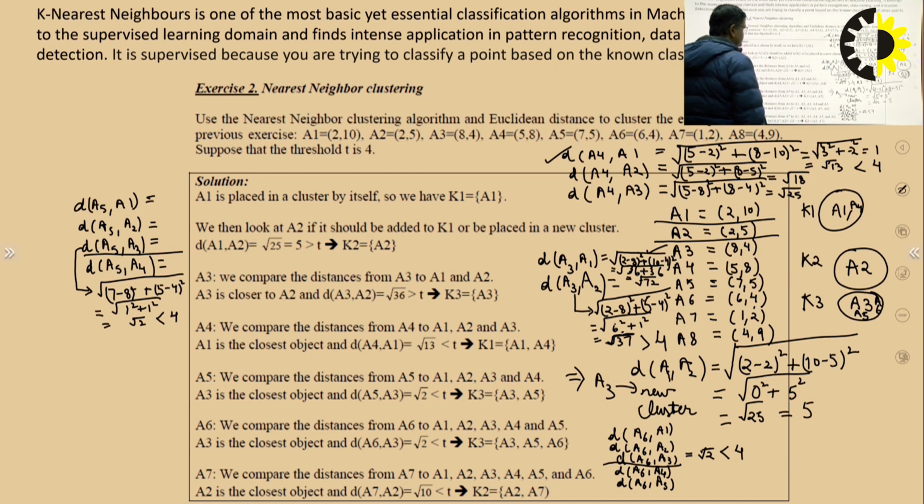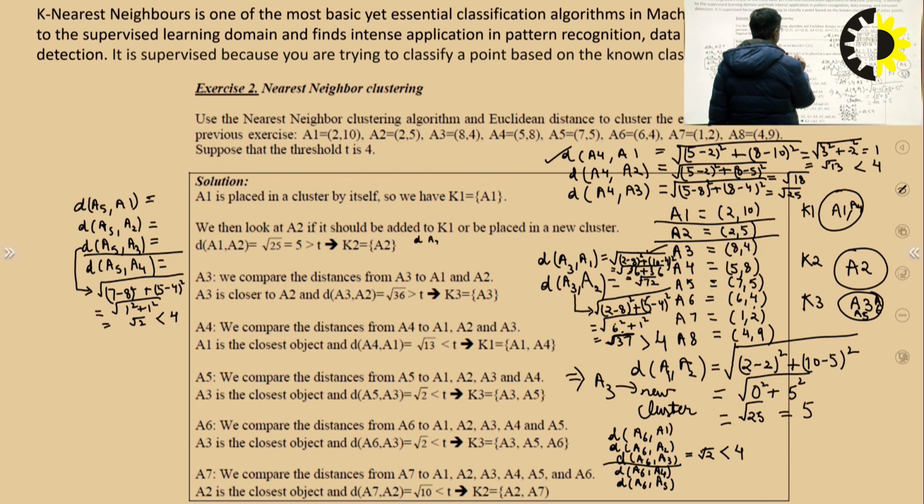For A7, we calculate the Euclidean distance of A7 with A1, A7 with A2, A7 with A3, A7 with A4, A7 with A5, and A7 with A6.